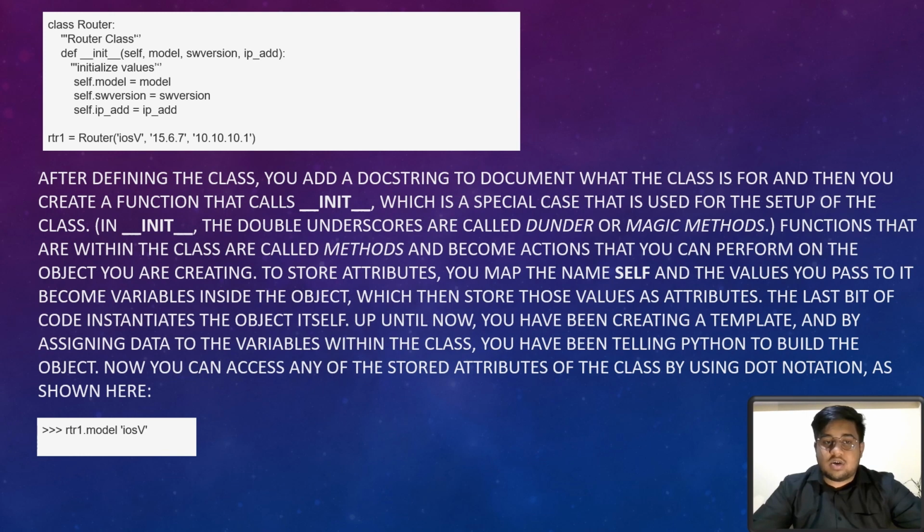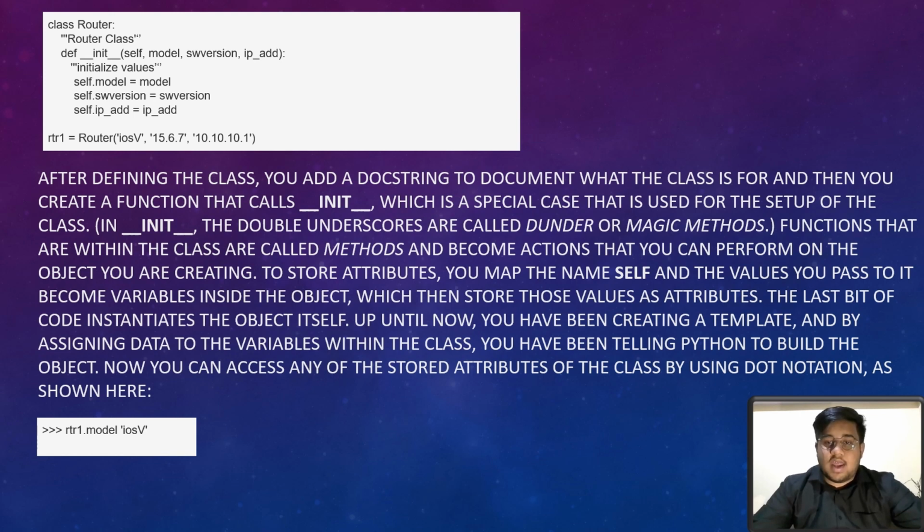The last bit of code initiates the object itself. Up until now, you have been creating a template, and by assigning data to the variables within the class, you have been telling Python to build the object.